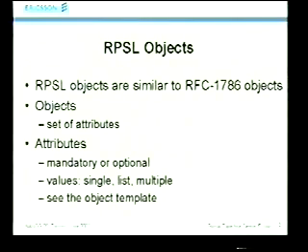So an example is the tech-c, technical contact, can be multiple valued. But a members attribute can take a list of values. I hope that will be a little bit clearer later, but it is important that you know the distinction between single, list, and multiple. And I recommend you always look at the object template.